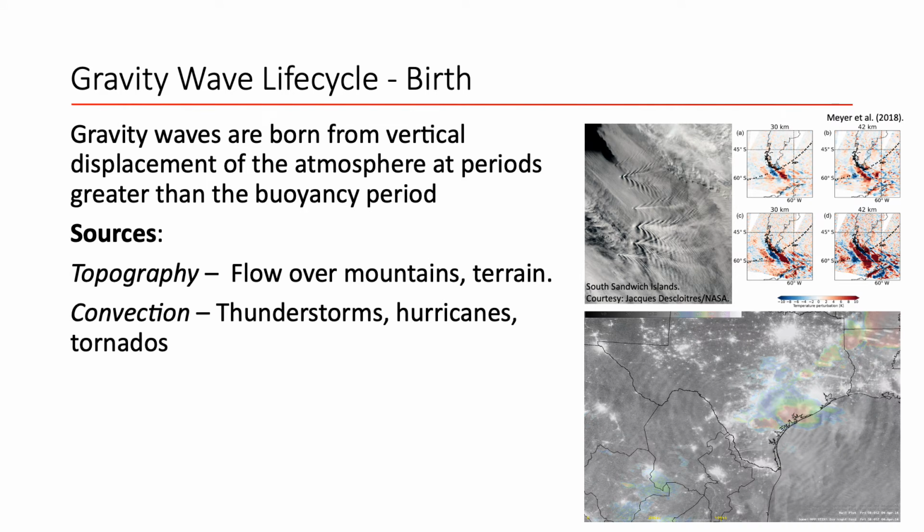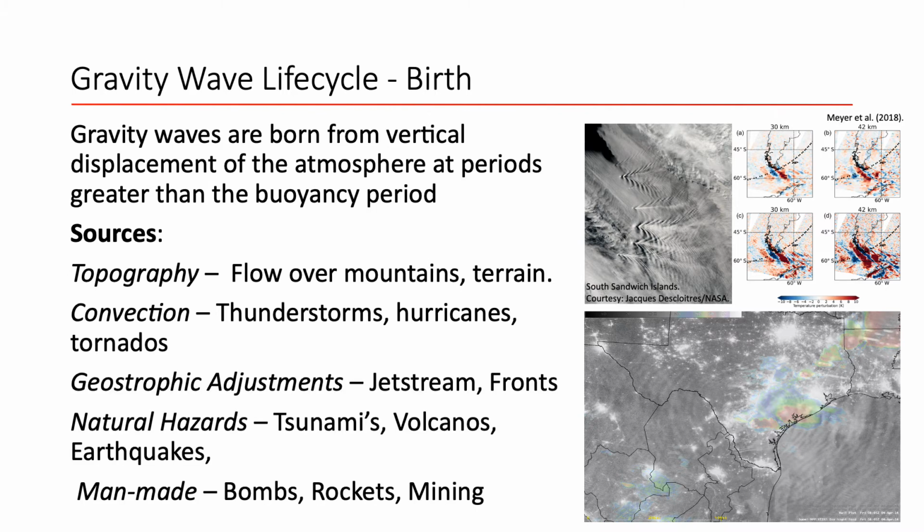A second large source is convection, so this is from lifting of the air from thunderstorms, hurricanes, tornadoes, and any large-scale storm system really. You can see in this figure these concentric waves in the mesosphere in the black and white image with the thunderstorm superimposed in colours below.